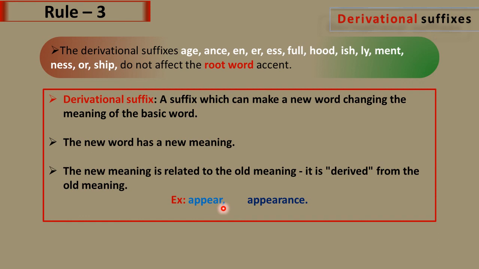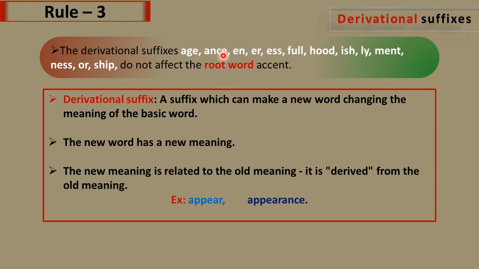By adding a suffix to the root word, you can change the class of the root word. Here the root word is appear, and the suffix is ance. By adding ance to this root word, you can change the class of the root word, and actually appear is a verb.